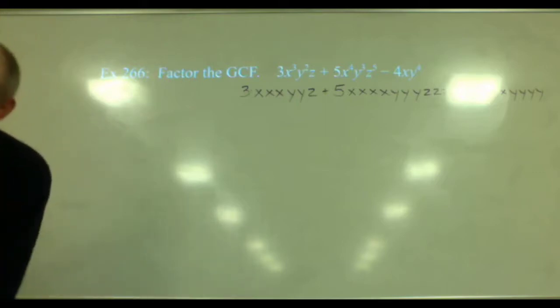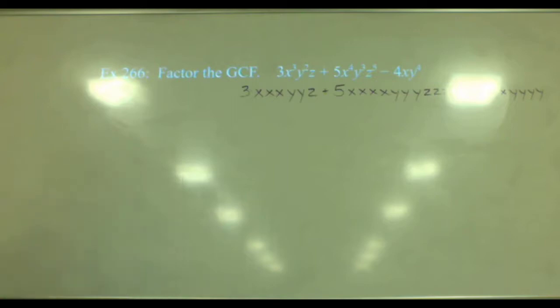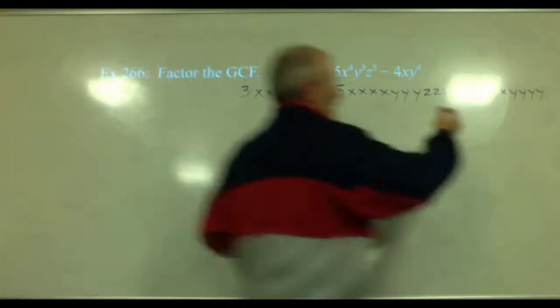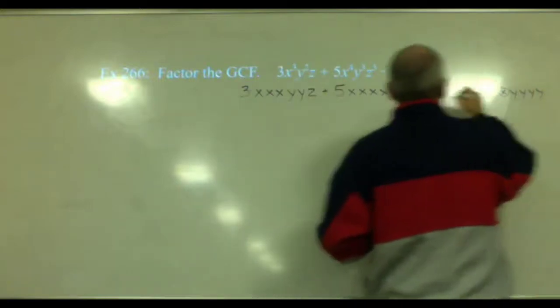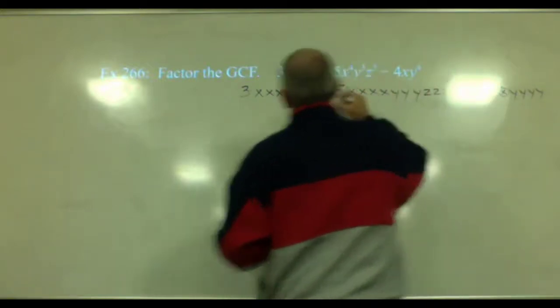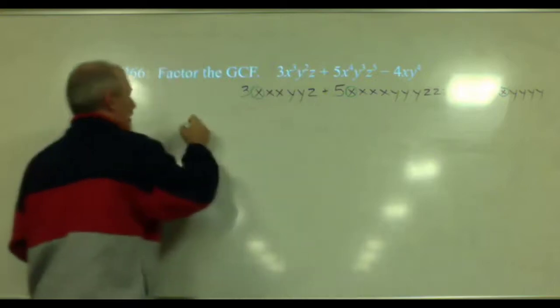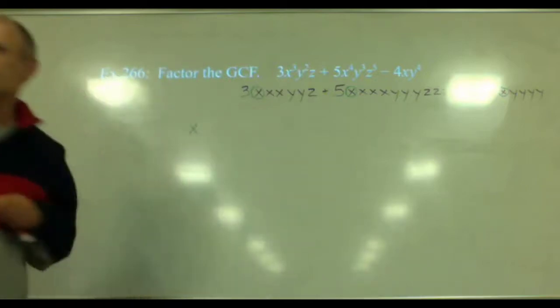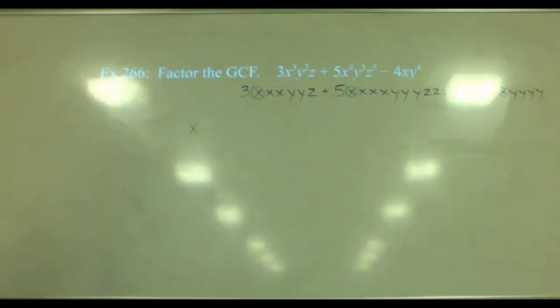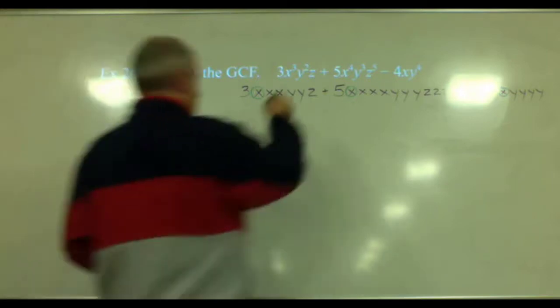Do they have any x's in common? They actually have 1, because this one has 1 x, so we're able to take out an x from there, an x from here, and an x from here. So we can factor out 1 x. How about y's? How many? 2. They all have at least 2 y's.